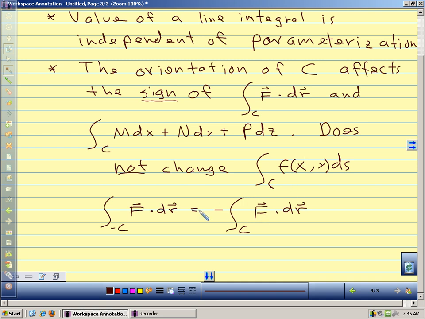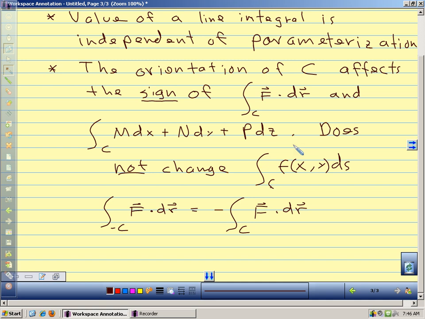The reason is that when we parameterize our curve in the opposite direction, our unit tangent vector points in the opposite direction. It doesn't change the sign of the line integral of a scalar field.